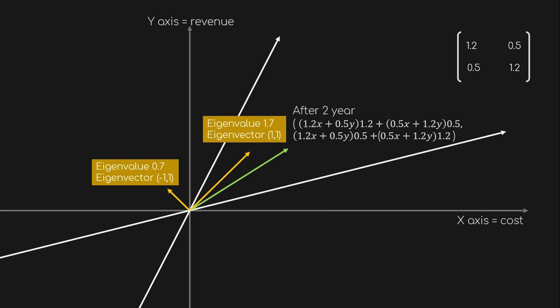They are only being scaled up or scaled down, which was the case for all vectors in our last example, where everything along the x-axis and y-axis, our standard axes, was being scaled. In this example, the same thing is happening to the eigenvectors.